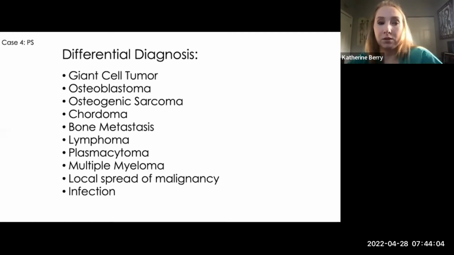Osteoblastoma, osteogenic sarcoma, chordoma, less likely. But then you could have bone metastasis, lymphoma, plasmacytoma, though I think it's too involved to call it that here. And then multiple myeloma, local spread of malignancy from like a head and neck cancer, or infection, of course. So good job. Thank you, Damien.